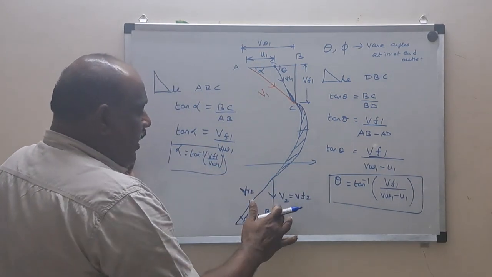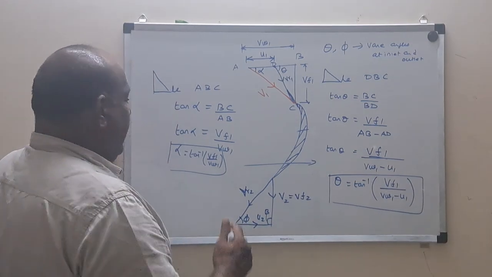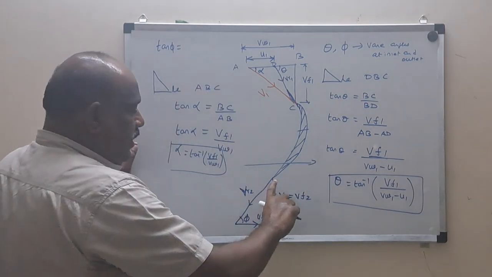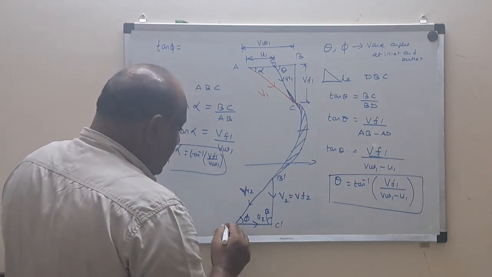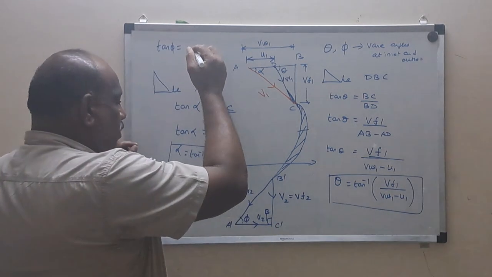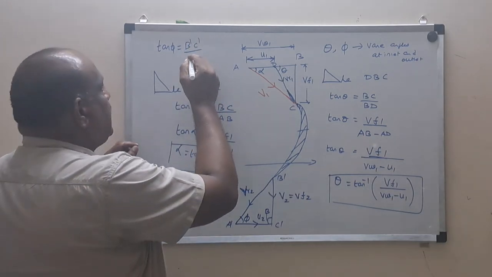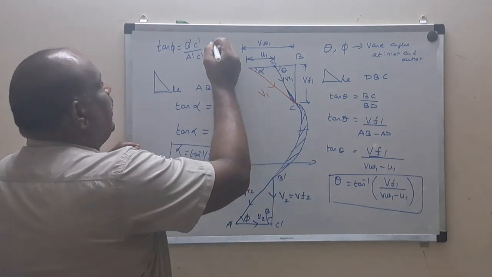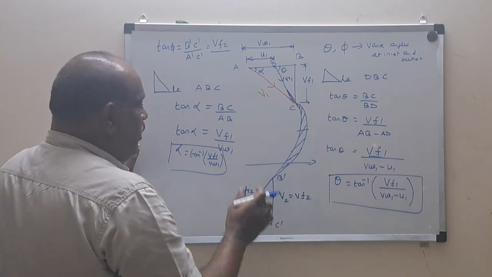Let us go to the outlet triangle. In the outlet triangle, we can find only phi because beta is 90 degrees. Let us name it B dash, C dash, A dash. Tan phi is opposite B dash C dash by adjacent A dash C dash. B dash C dash is VF2 or V2, both are the same, and A dash C dash is nothing but U2.